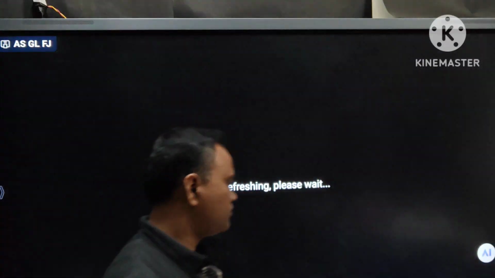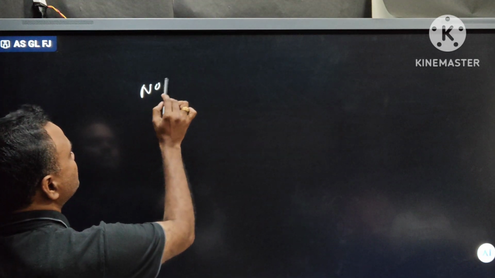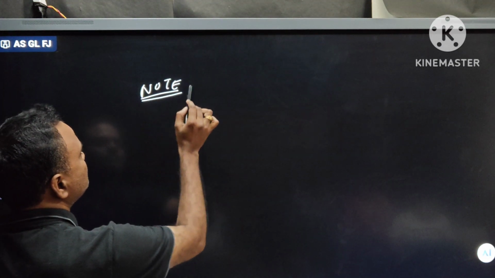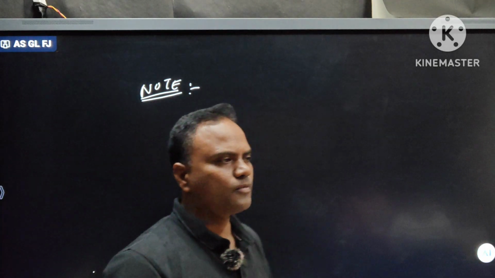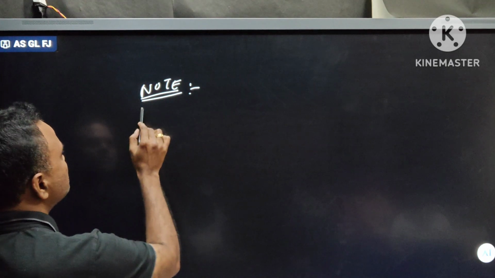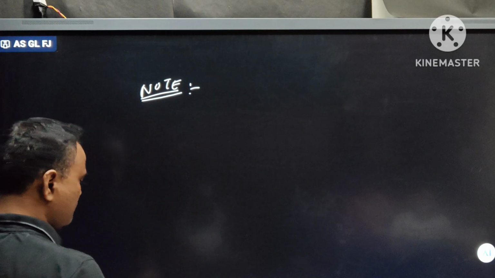Right, next, some important statements related to mole. What is the weight of 1 mole of any substance? Very important statements. Can you guess?